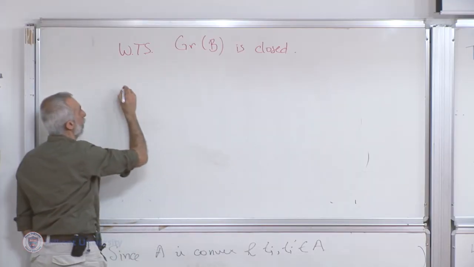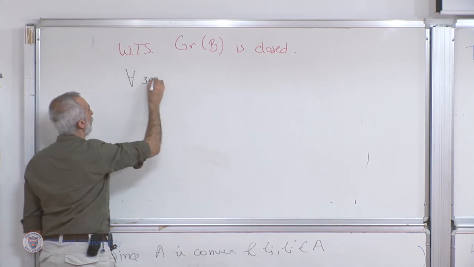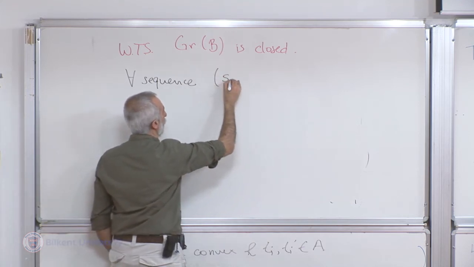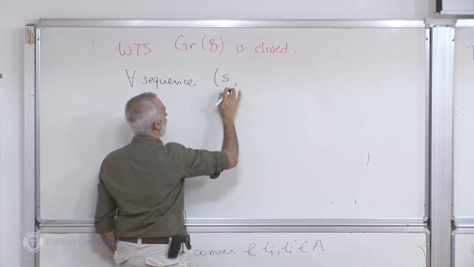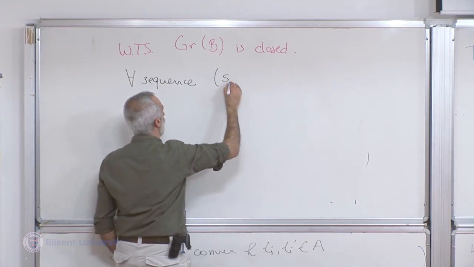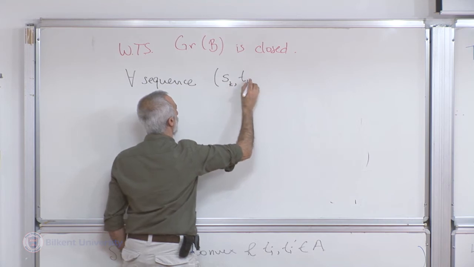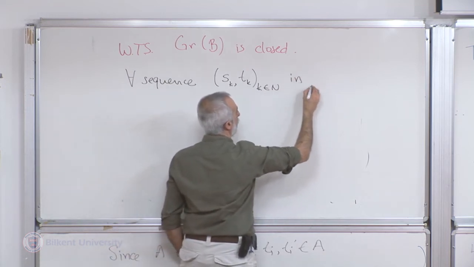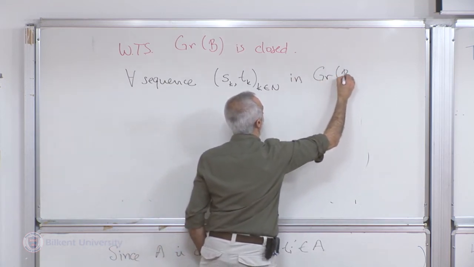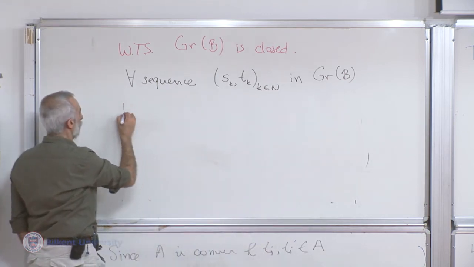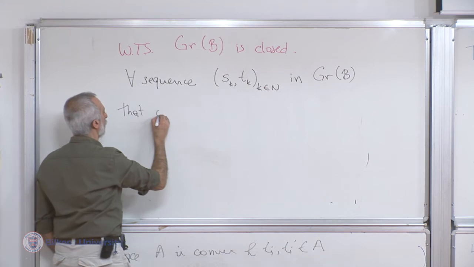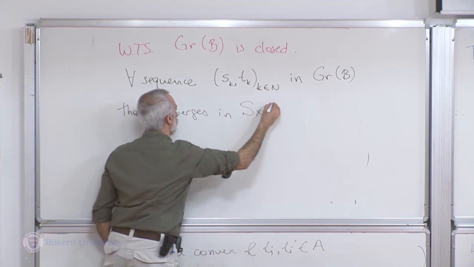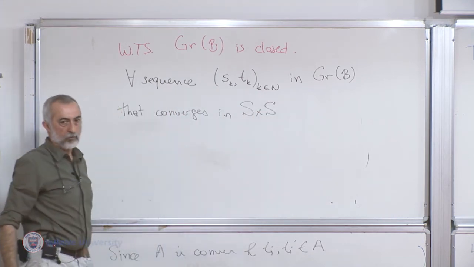So this would mean that for any sequence sk, tk in graph of B that converges in S cross S. Okay.